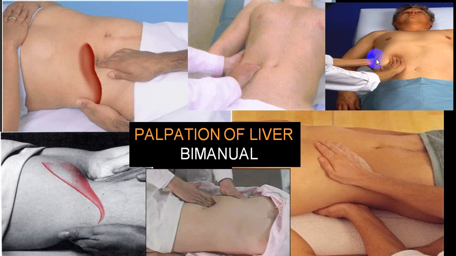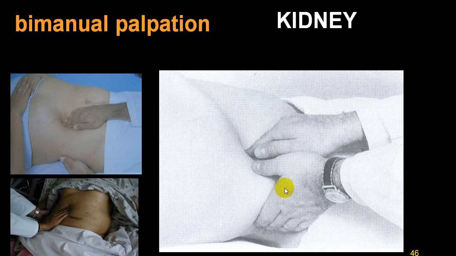So this is pushing anteriorly, and this is pushing medially, and this is your palpating hand. And this is in a kidney. This is a palpating hand which you are pushing backward, and this is you are pushing it anteriorly. So this is bimanual palpation for kidney. This is a bimanual palpation for kidney again.